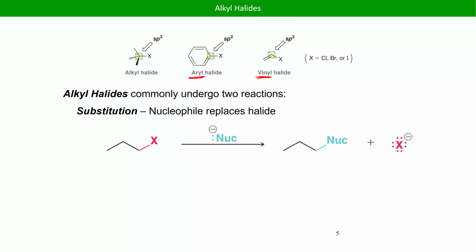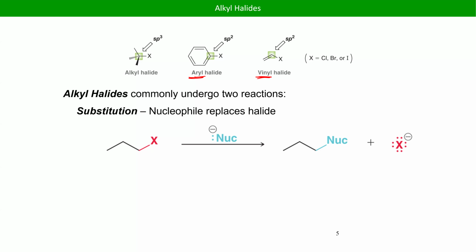So, these alkyl halides basically have two reactions that they go through really easily. One is a substitution, where because your halide is a good leaving group, something that's a strong nucleophile can come in and basically boot the halogen off.